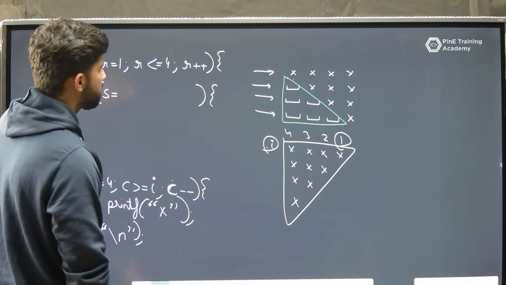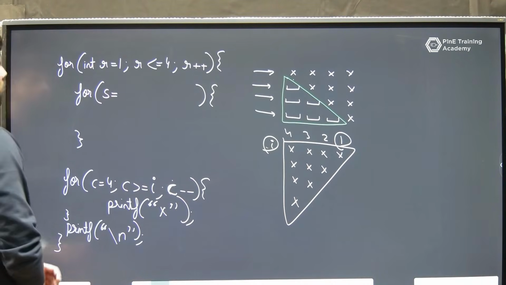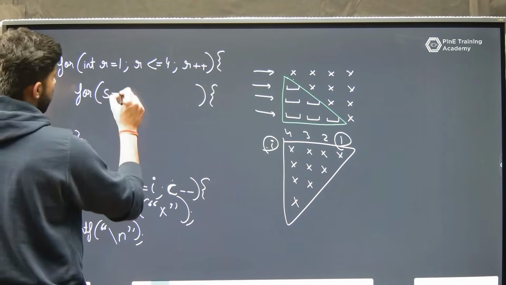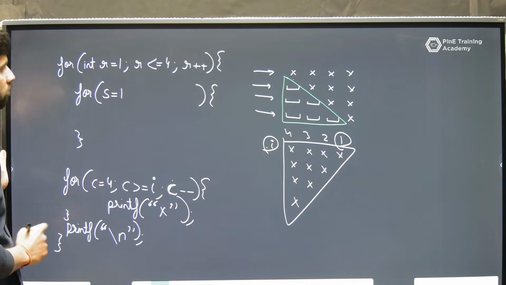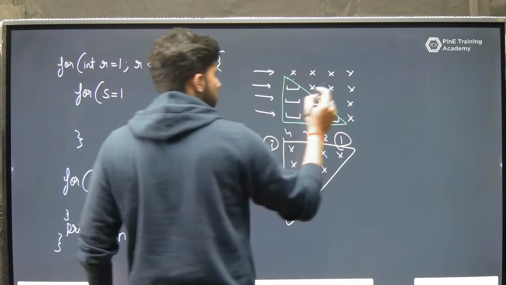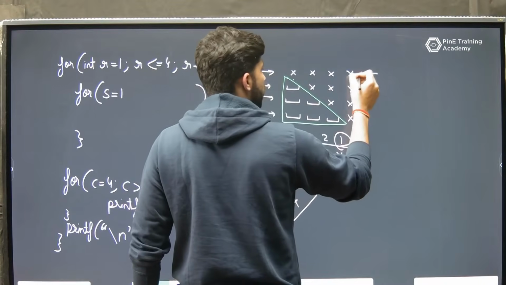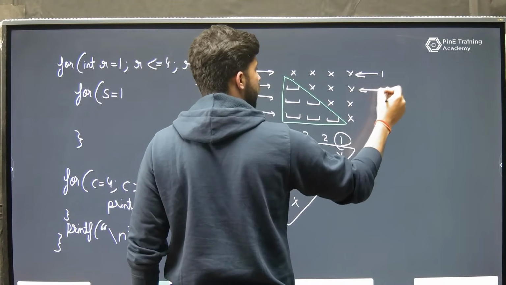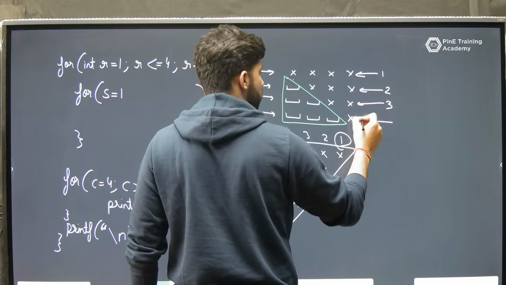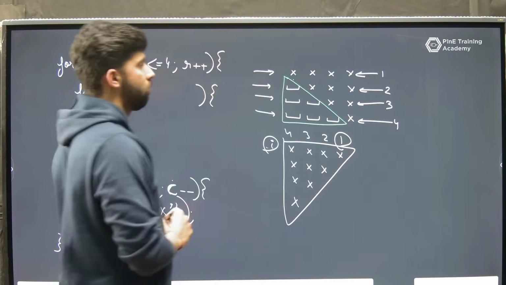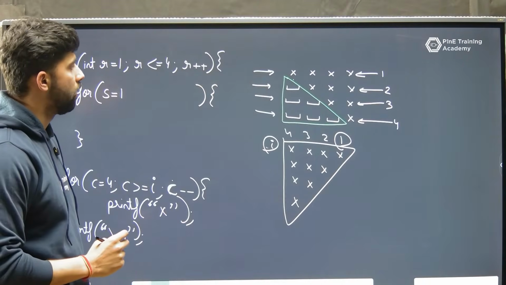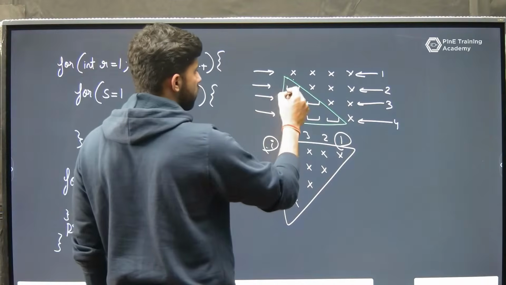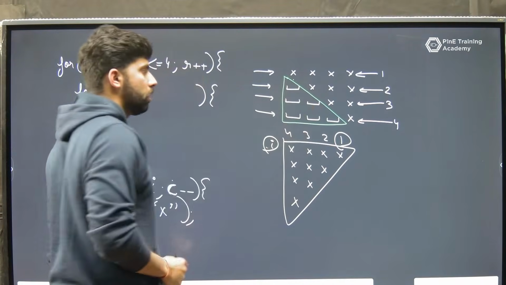So if I start S with 1, so first row, second row, third row, fourth row, and my space count starts from here.